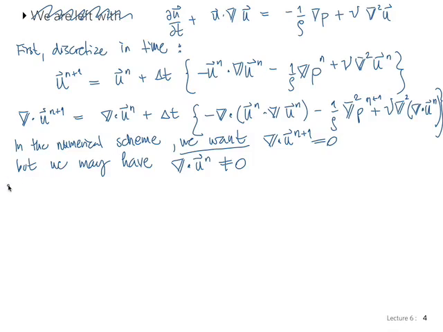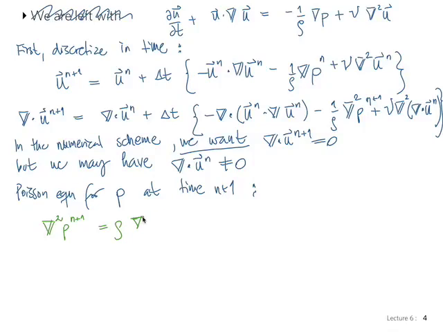So we want now to solve a Poisson equation for P at time n+1, which is the following. I'm going to multiply over by rho. Let me just write this out because I worked on this very hard and I'm still finding mistakes.